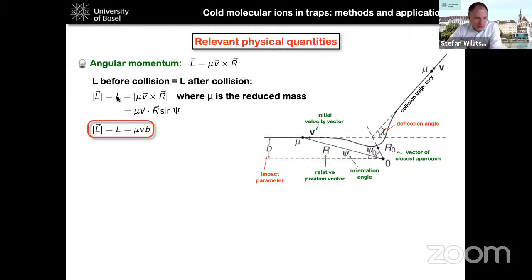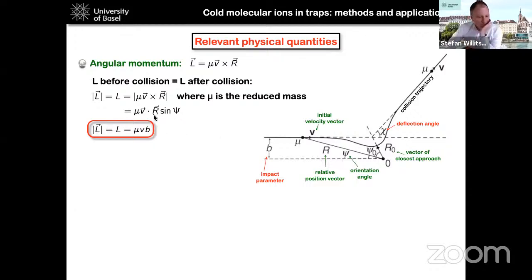Now, if we want to calculate the magnitude of this angular momentum, then we have to calculate the magnitude of this vector product. We can express this by this identity: the magnitude of this vector product can be cast into this scalar expression, mu times v times r sine of psi.